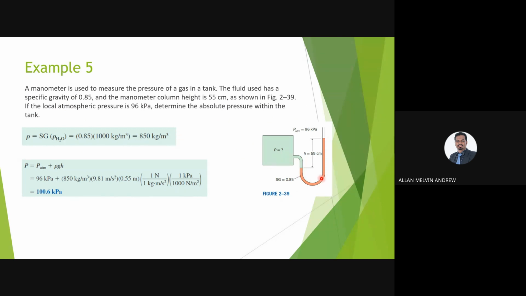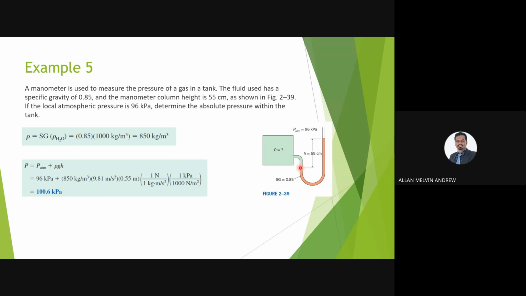You already found this, then you can replace it here. We want to find the pressure of this gas. The pressure of this gas is actually the same as the pressure at this point. It's similar to how at this surface the pressure is atmospheric pressure because it's connected.